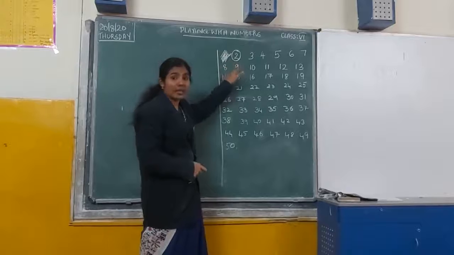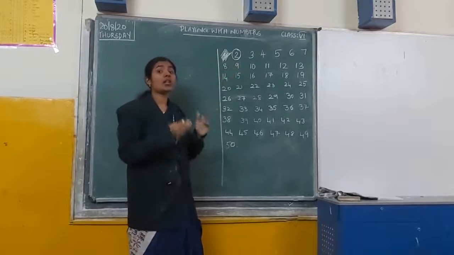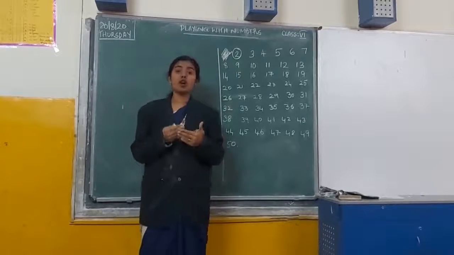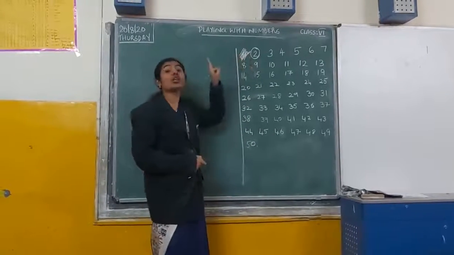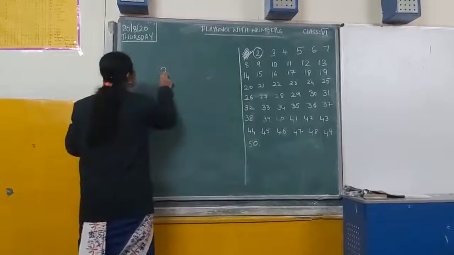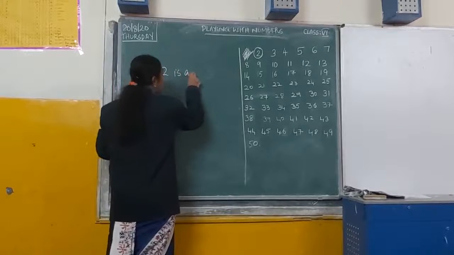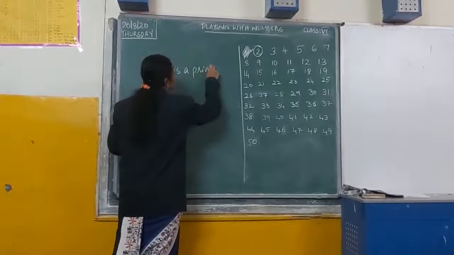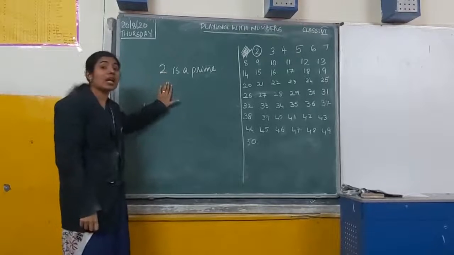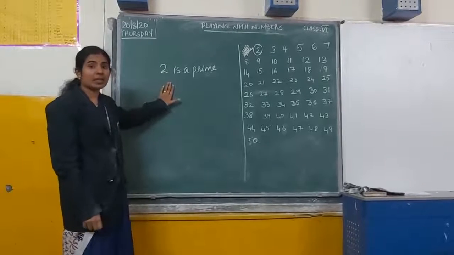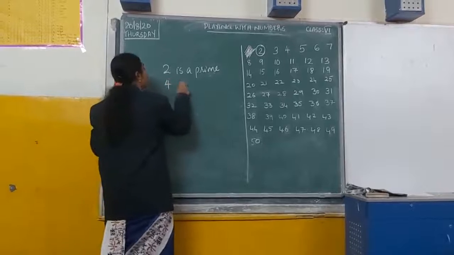If 2 is a prime number, all the multiples of 2 are composite numbers. Again I will say, 2 is a prime number, then all its multiples are composite numbers, isn't it? 4 is a composite number.